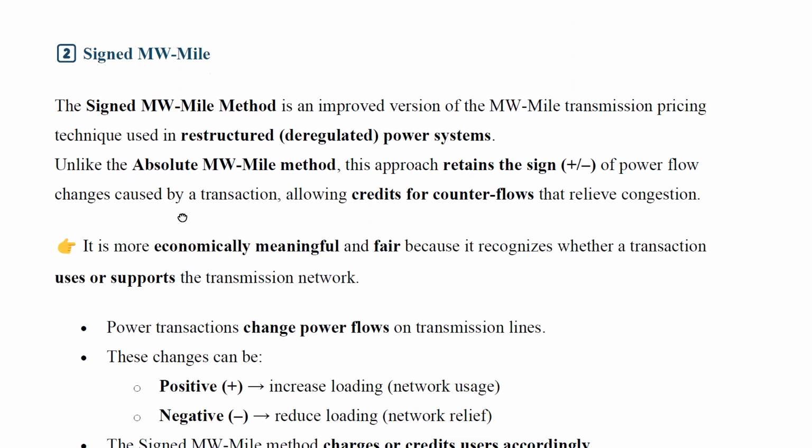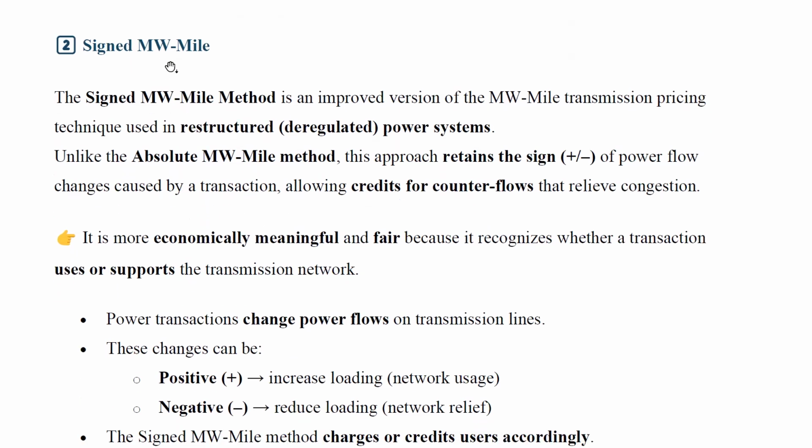Now, the second one is the signed megawatt mile method. The signed megawatt mile method is an improved version of the megawatt mile pricing technique in the deregulated power system.